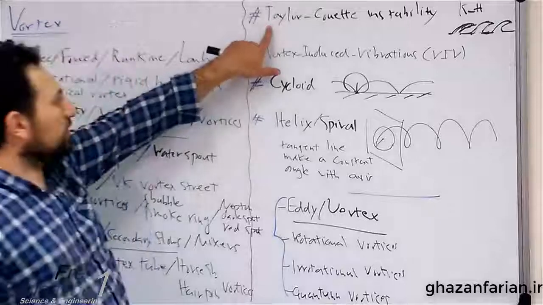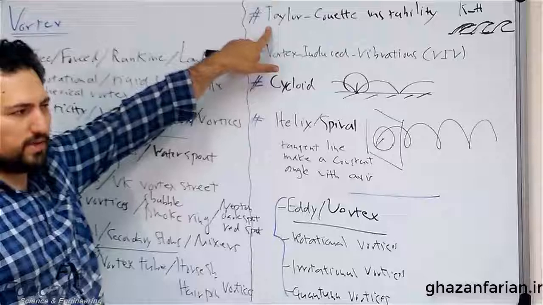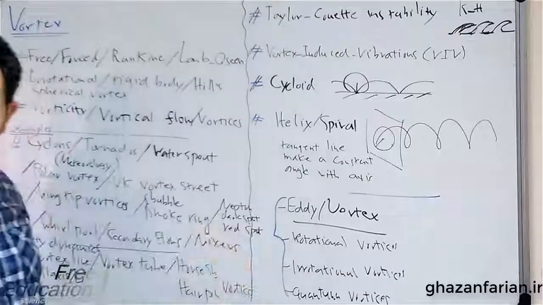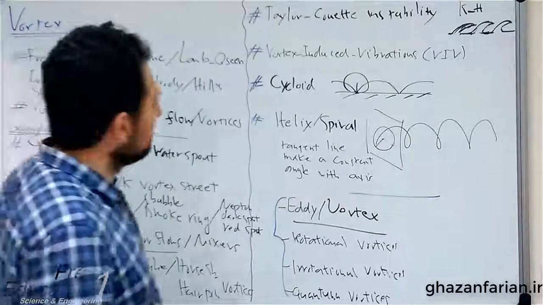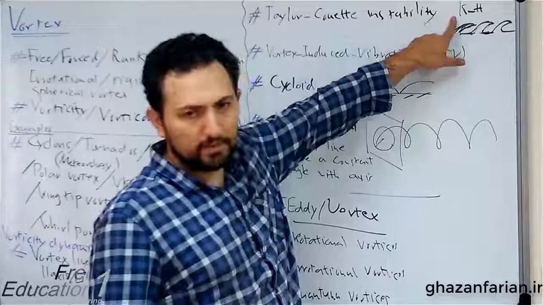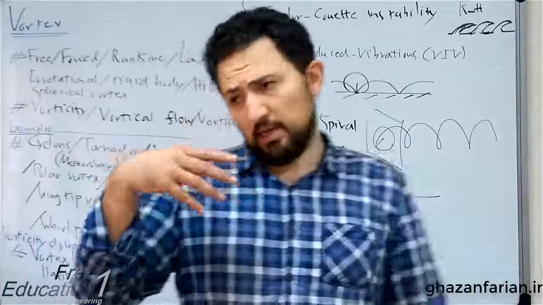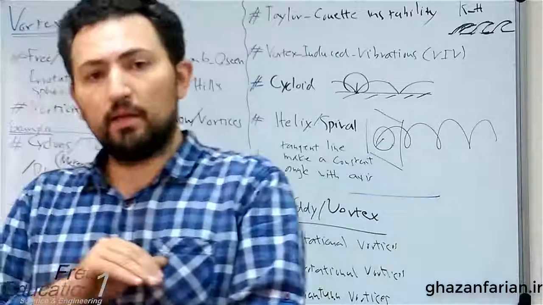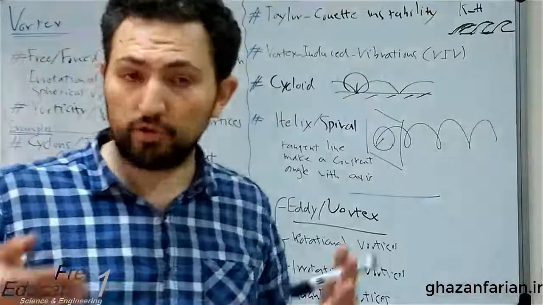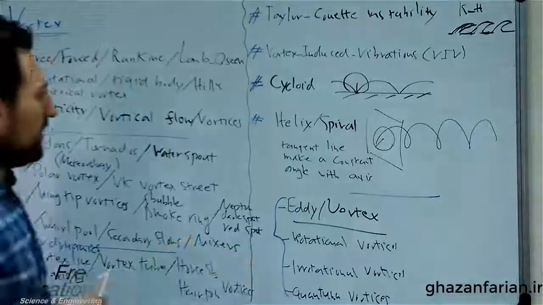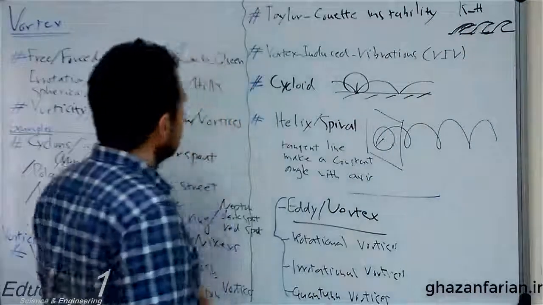Also, vortices appear in instabilities such as Taylor-Couette instability, which is the instability of flow between two rotating concentric cylinders, or the Kelvin-Helmholtz instability, which is the analysis of creation of instabilities along the surface of, for example, the water in a lake. These are rolled up vortices, Kelvin-Helmholtz vortices.